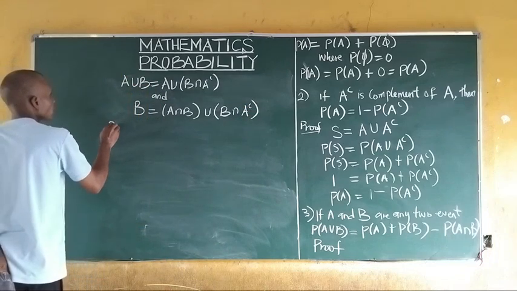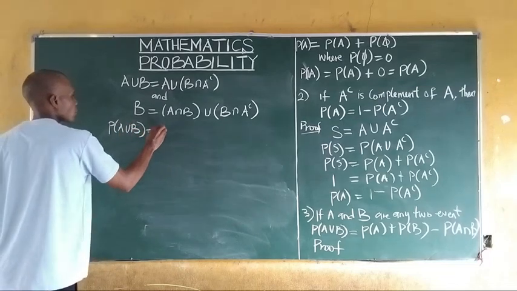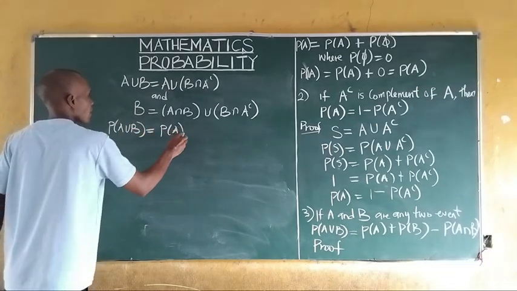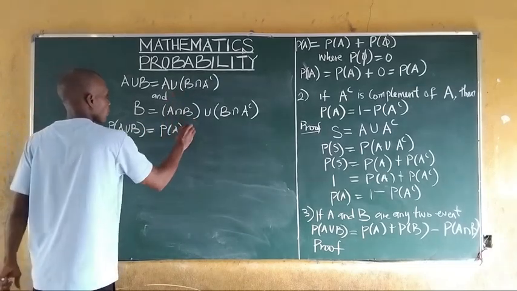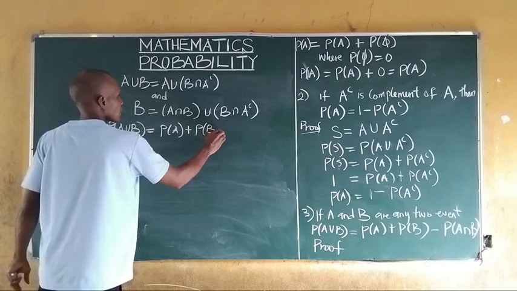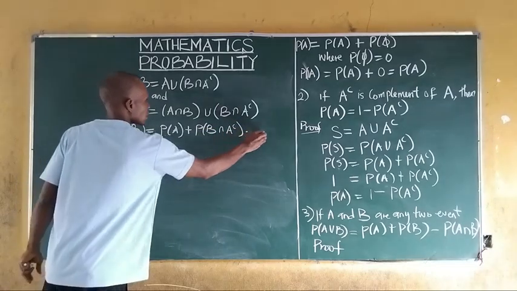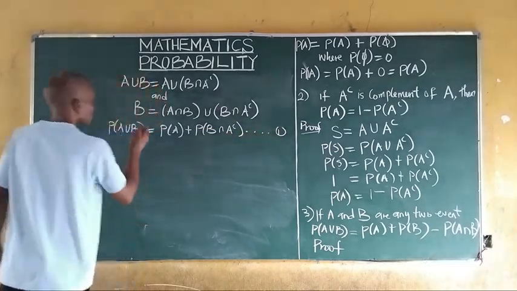So the probability of A union B is equal to the probability of A plus the probability of B intersection A complement. We take this as our equation 1.